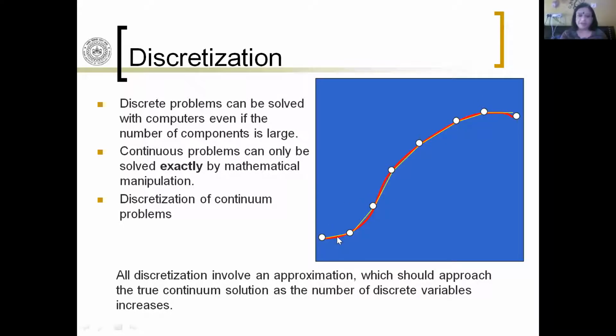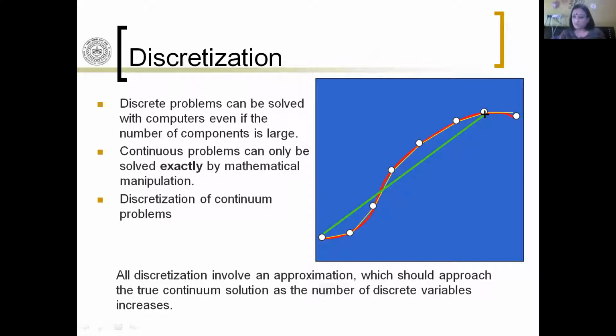You could have simply taken a straight line, the green one, to approximate the red curve. Would you like that?